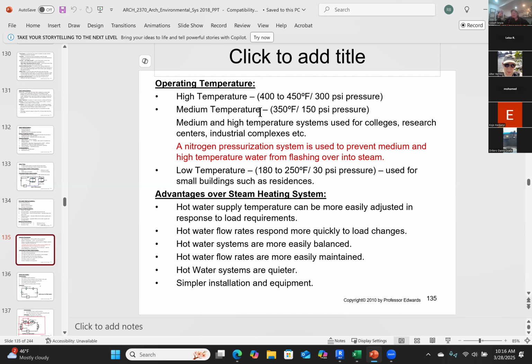And that's why for your facility, you might have a high temperature requirement. That's why you would get to these really high temperatures. But for our final project, our house that we're designing, we're looking at 180 to 250 degrees.